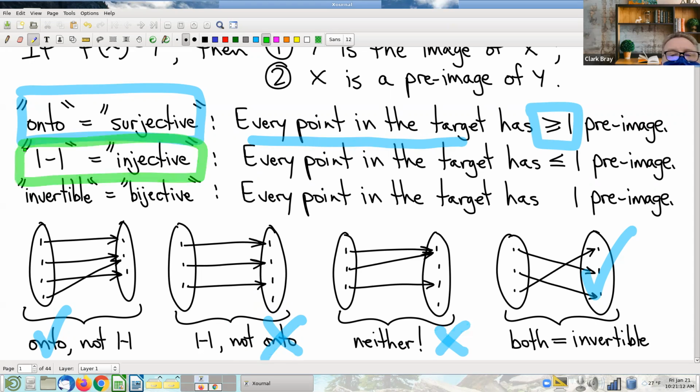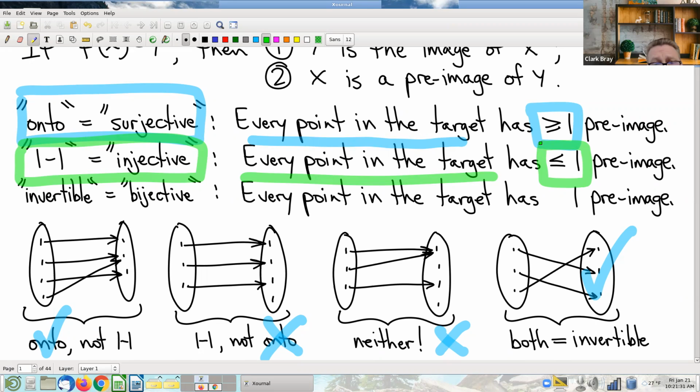Injective, very, very similar concept. Every point in the target has at most one. So this is the difference between one-to-one and onto. Surjective and injective, it's just at least one for every point in the target or at most one for every point in the target.